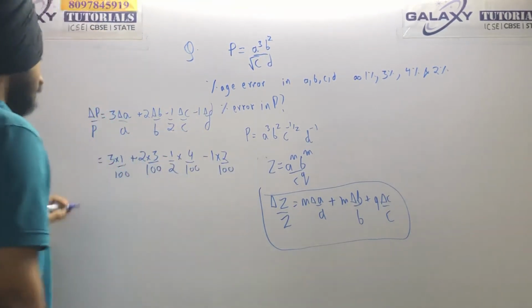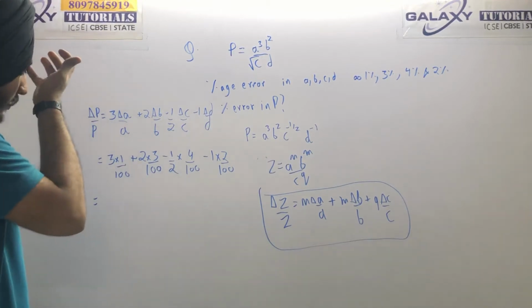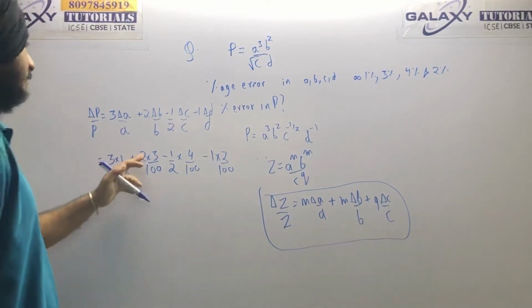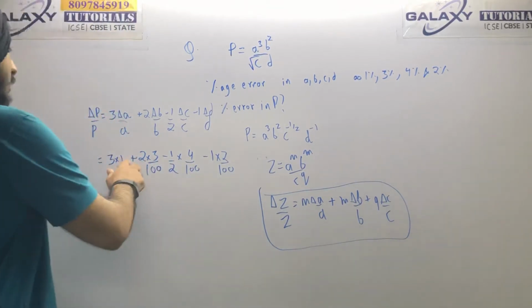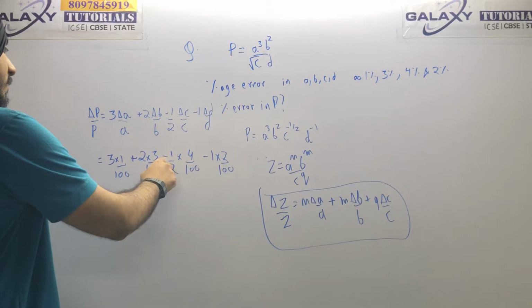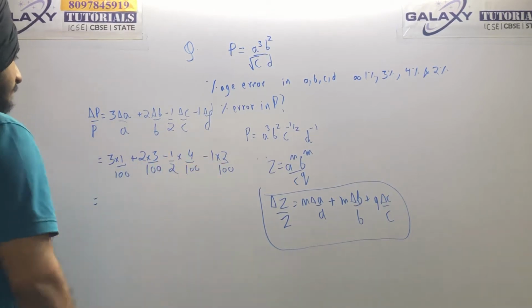Now just solve this. Basically this will come out to be 3, 6, 10. So this is 3 plus 6 minus 4 is 2.